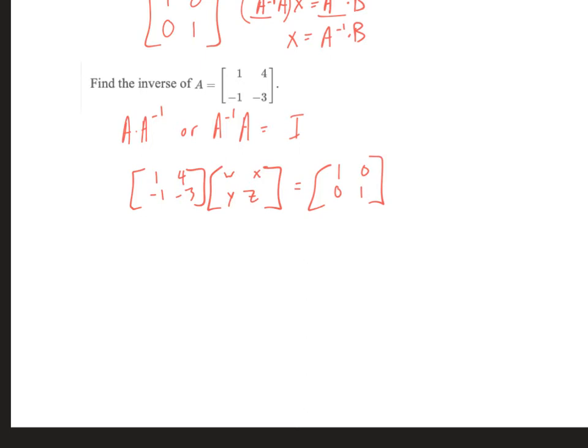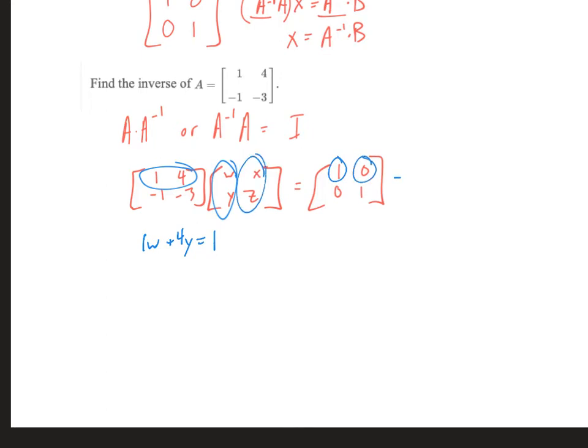Try to use some colors for you. So I've got the first row times the first column. So that means 1 times W plus 4 times Y equals 1. And if I keep going, first row times second column equals the second entry.